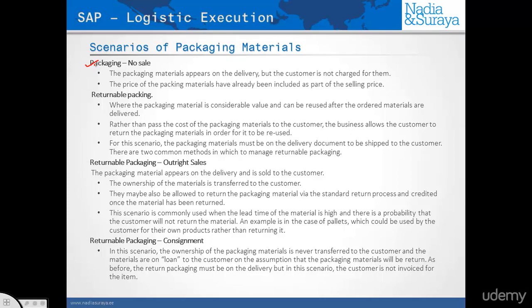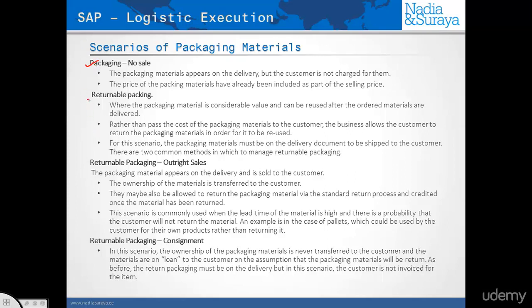Whether or not we want the packaging to appear on the sales order or on the delivery, if we are not selling it to the customer, it doesn't really matter. The price of the packaging material is just part of the goods sold, so we already automatically included the price. We capture that we package everything, but we don't charge the customer.